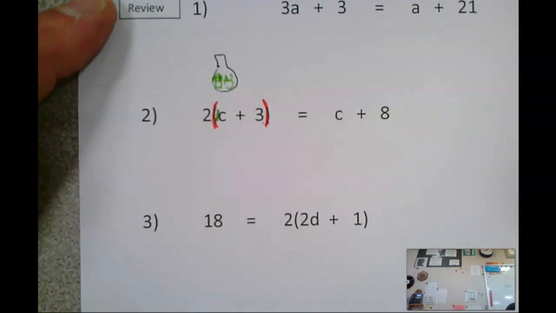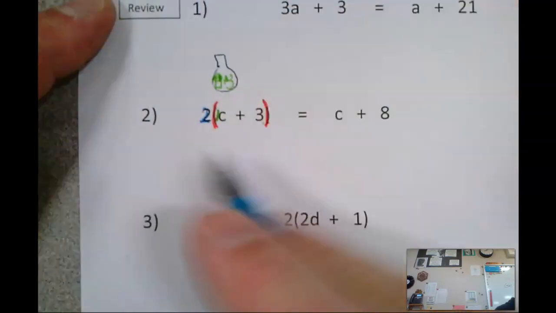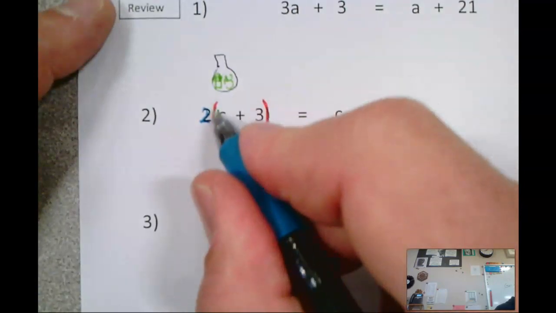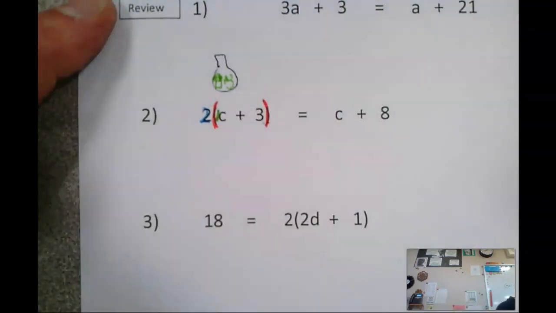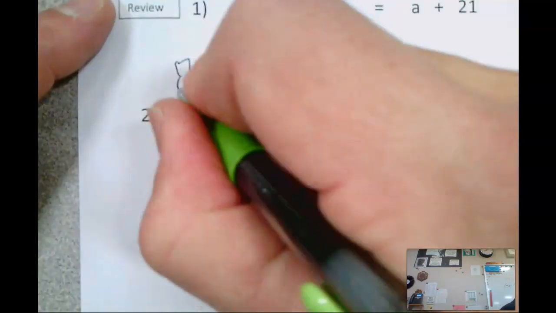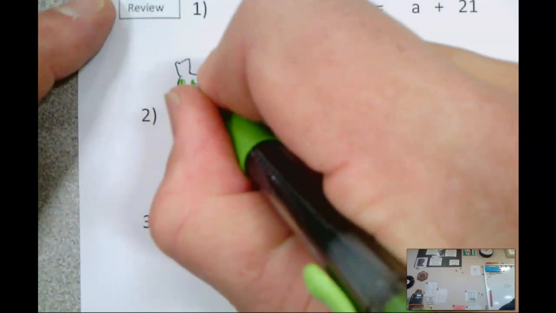Well, the 2 on the outside here is telling me that I have 2 bags. Here's the bag, 1 cupcake and $3. And so I'm going to go ahead and draw that again so we can visualize what this actually means. Here's my bag, whatever. Okay, and a cupcake and $3. Can you picture that?